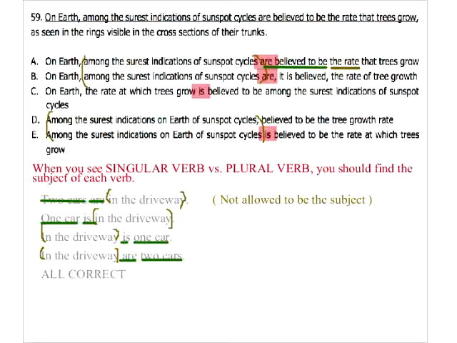It's kind of like in the driveway is a car, in the driveway are 2 cars. This is a verb, and this is supposed to be the subject. This doesn't even have a verb. Like it would have to be "is believed to be" or "are believed to be." There's no verb here in D.